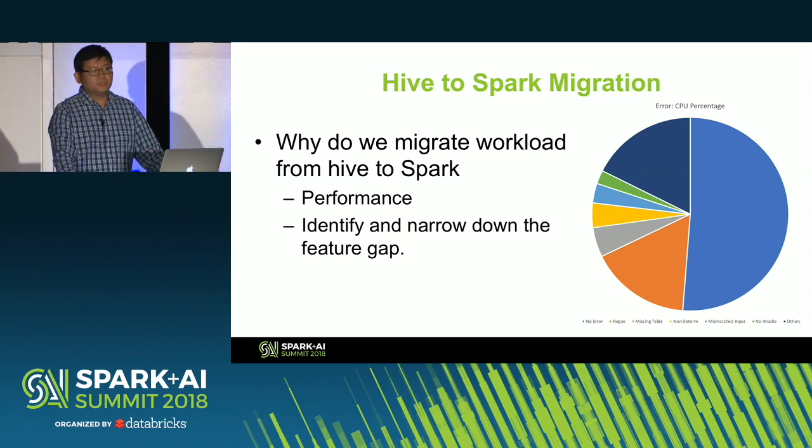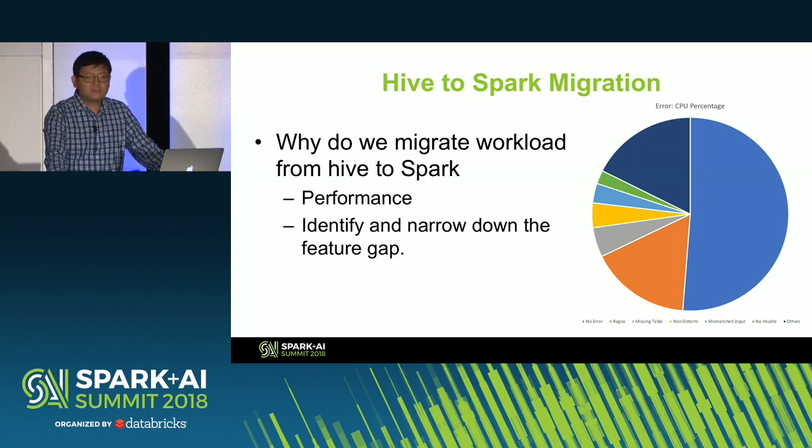We want to reduce the resource usage. And Spark as a more advanced computation engine, and the performance-wise is much better. Also, it gives the user more flexibility to write their own application logic. To save the resource is the basic initiative to do the migration.